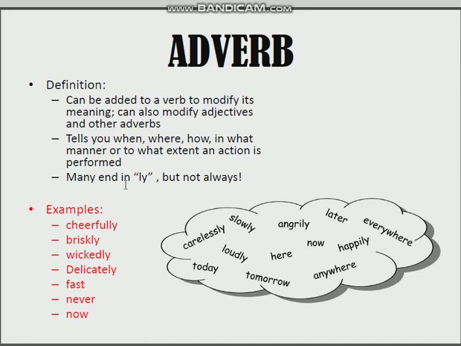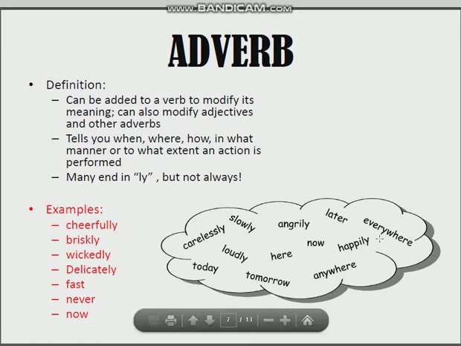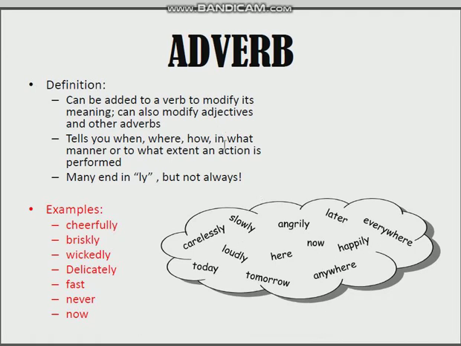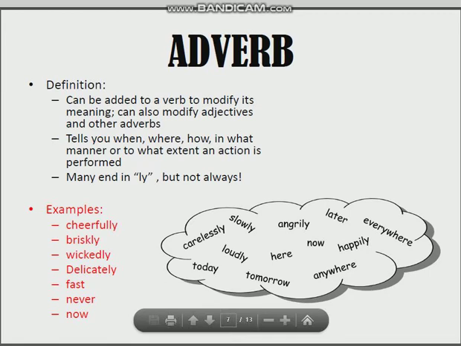Many adverbs end in ly, but not always. You can see some examples of adverbs over here in the cloud which end in ly. When we study adverbs, there are categories: adverb of manner, adverb of time, adverb of place, adverb of frequency, degree. There are different types we will study in another video.